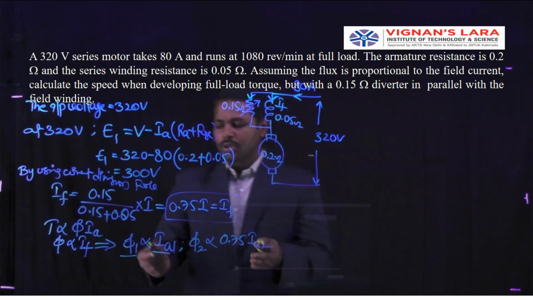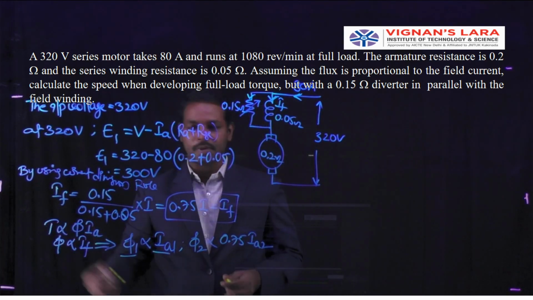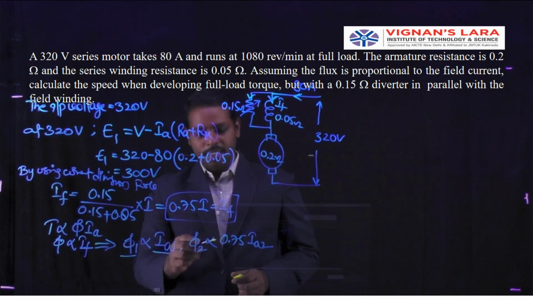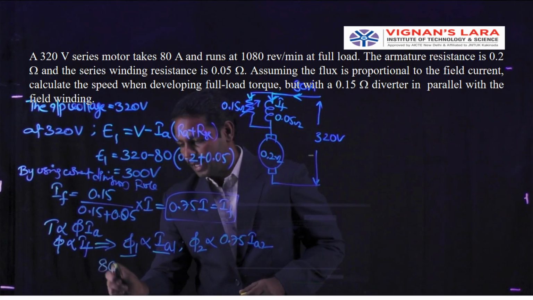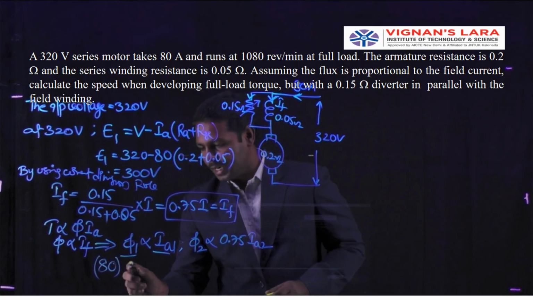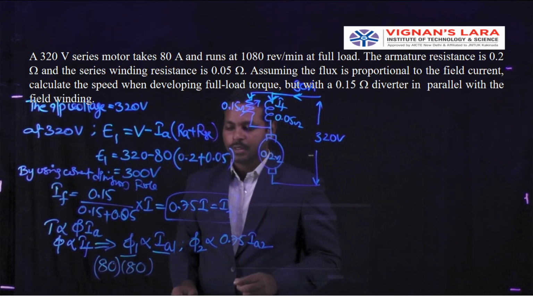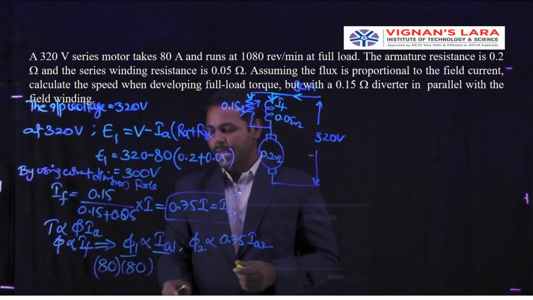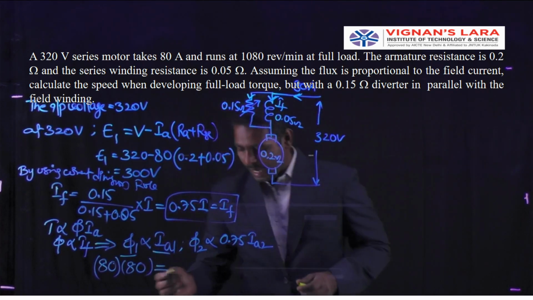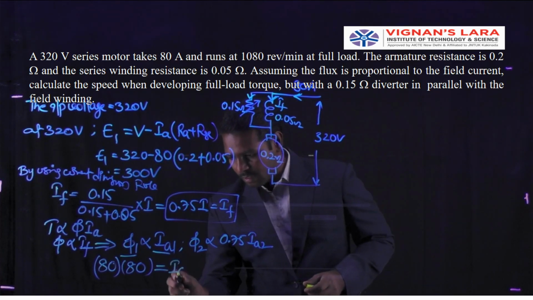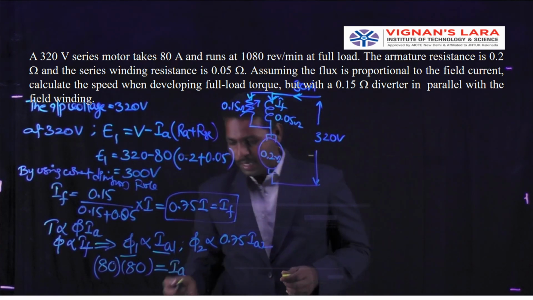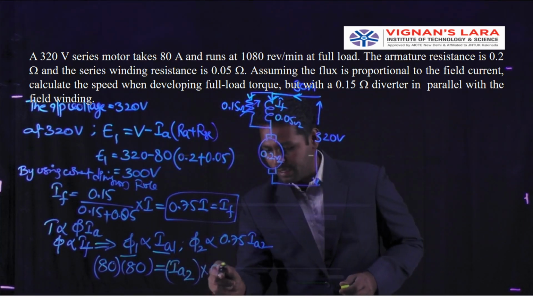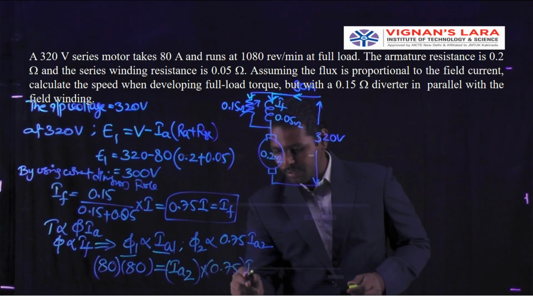We can substitute into the torque equation, because the torque is constant. The current drawn from the supply is 80 amperes in both conditions. So Ia1, which is 80, must be equal to Ia2 multiplied by 0.75 into Ia2.